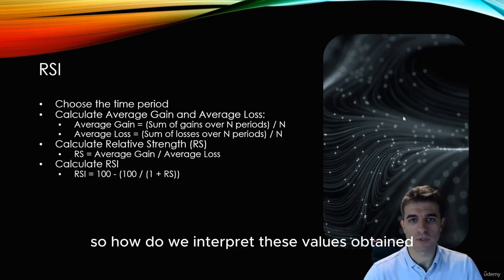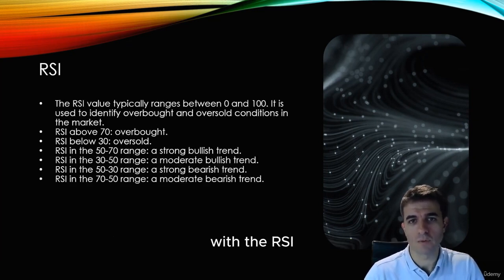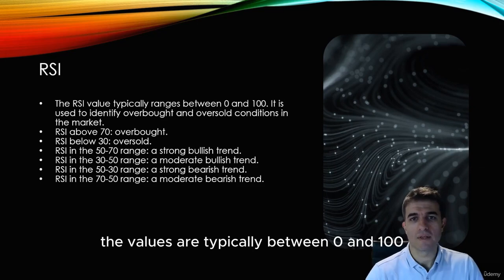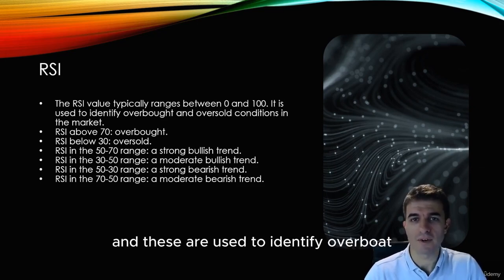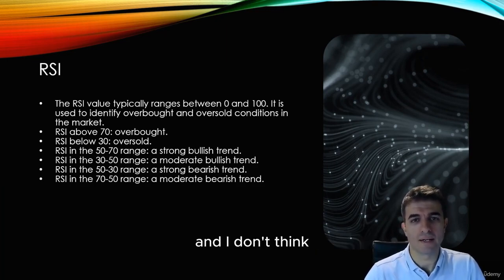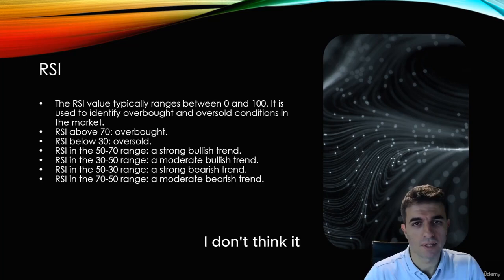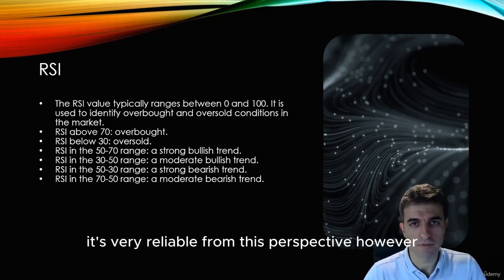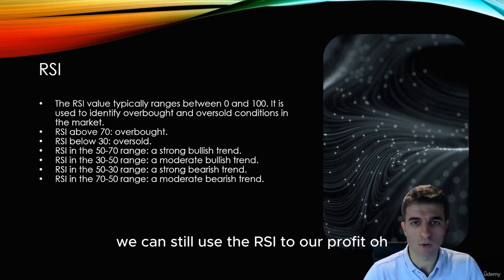So how do we interpret these values obtained with the RSI? The values are typically between 0 and 100, and these are used to identify overbought and oversold conditions in the market. And I don't think it's very reliable from this perspective. However, we can still use the RSI to our profit.